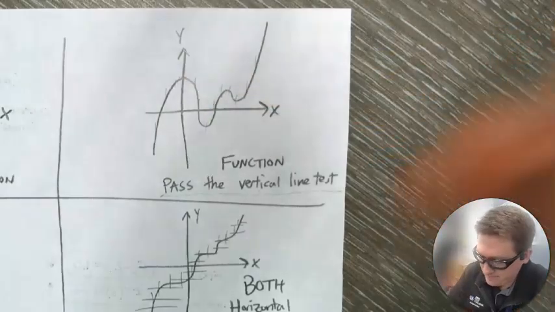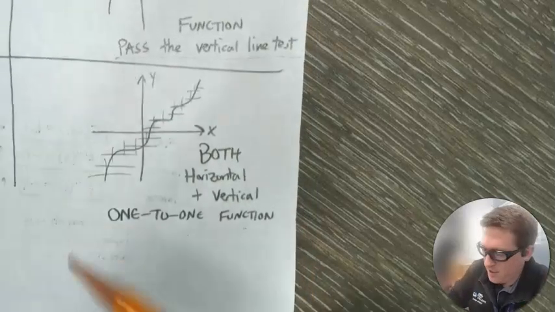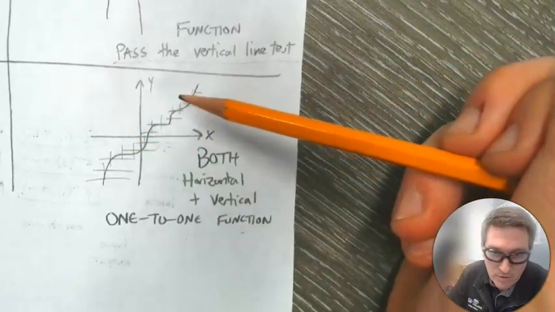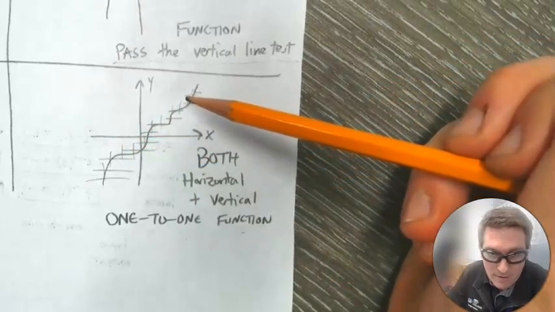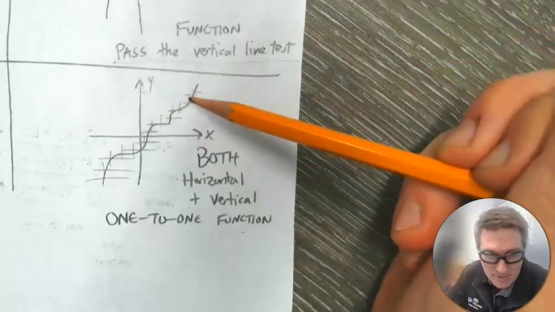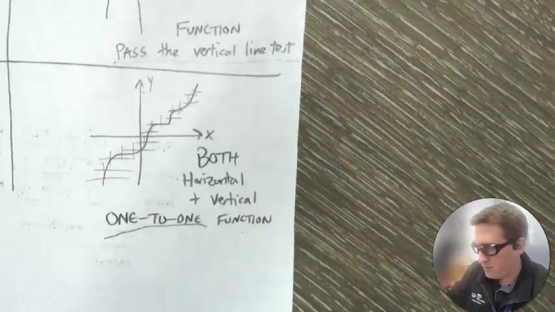And that's it. This is a one-to-one function because not only does every x value have a unique y value, but every y value has a unique x value. It goes both ways. It's a one-to-one function.